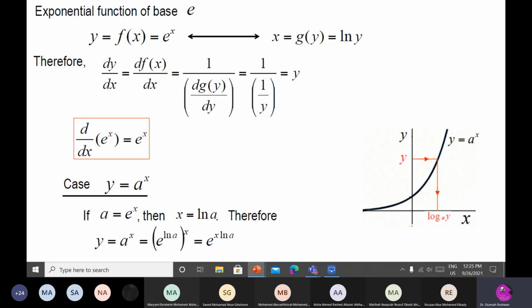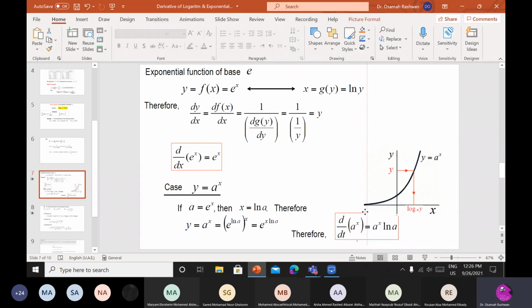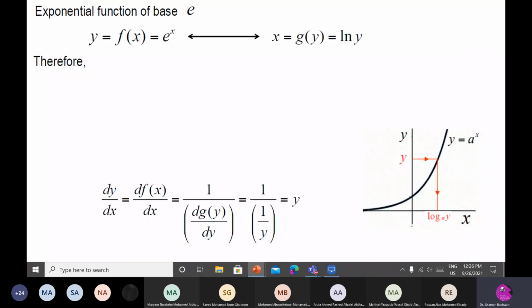Now, if you don't have base e and you have any real number as a base a, so yes, you will have e to the x ln a, so you can write this as e to the ln a, to the power x, and the ln will be cancelled with this e, so you end up with d by dx for a to the x is a to the x times ln a.